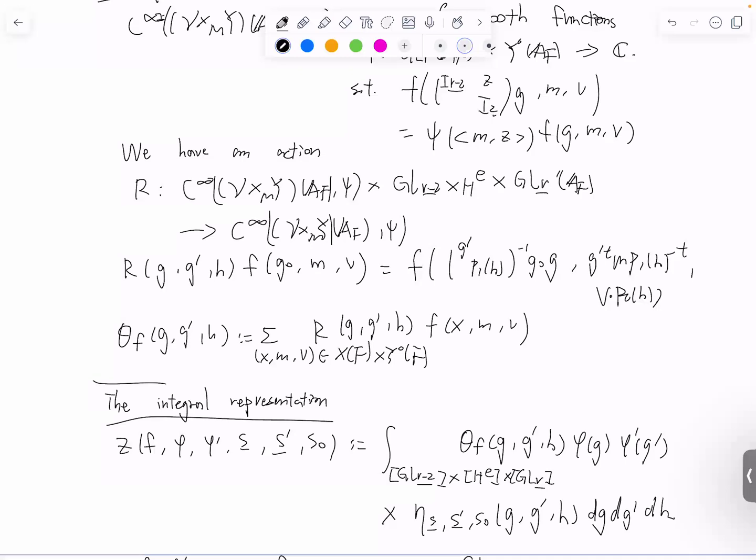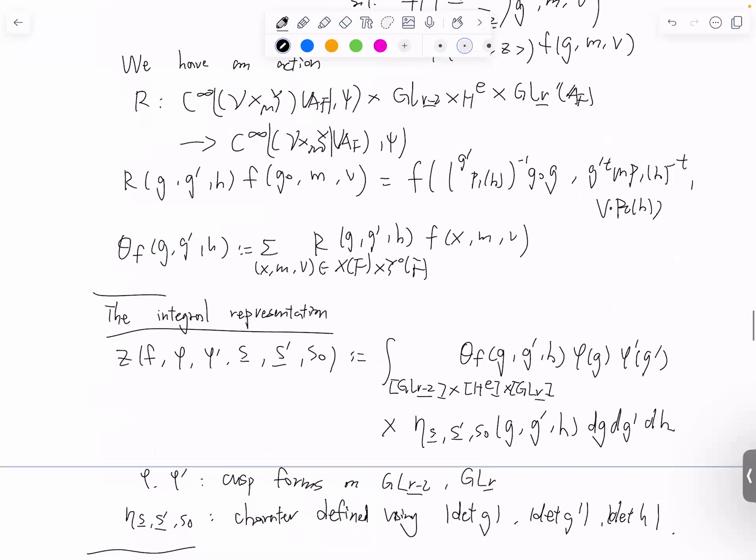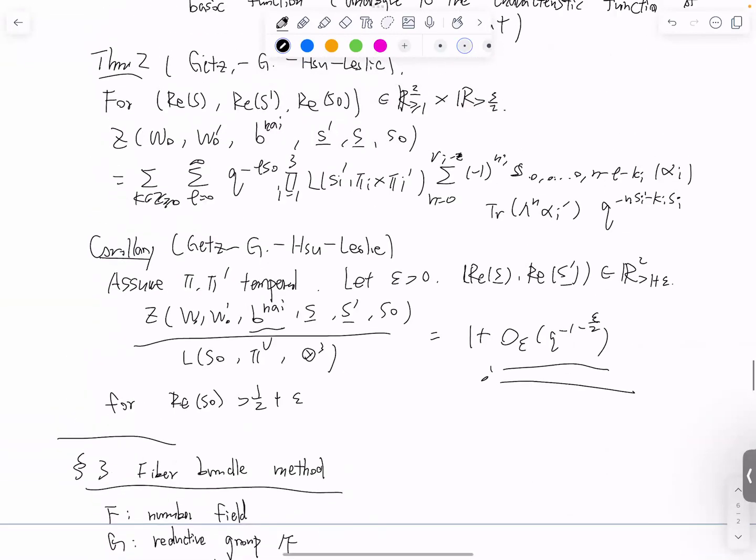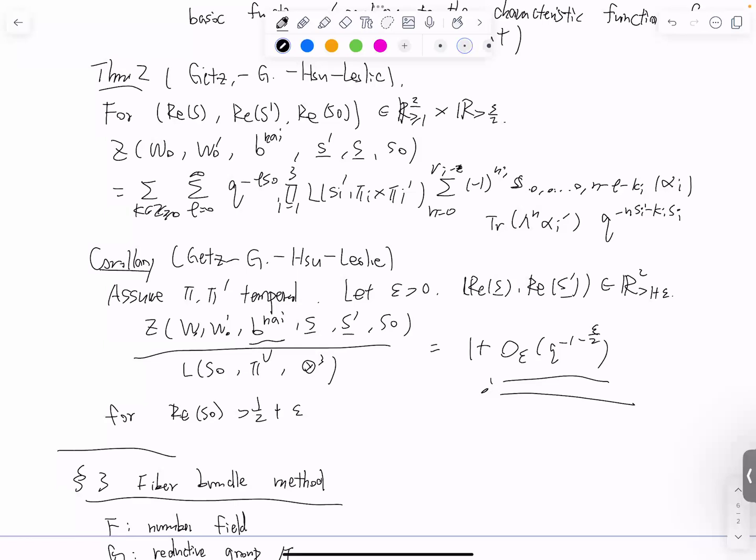And so with this naive basic function, can you prove the meromorphic continuation or functional equation of this triple product in these cases? The thing is still that we have these other things involved, these O_epsilon things. We are not sure yet if we only have this, we can have the correct analytic properties. But we already have some hope that we can modify this naive basic function.